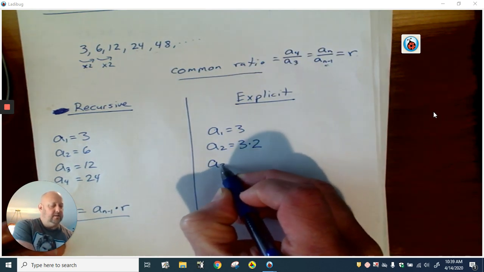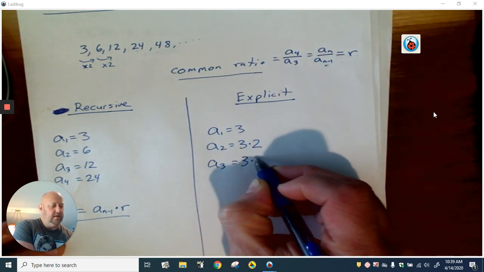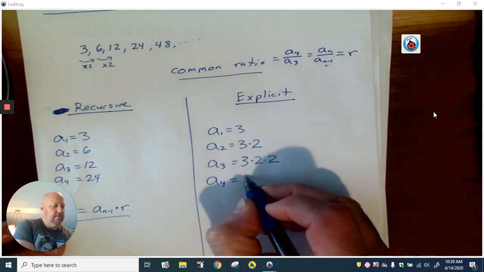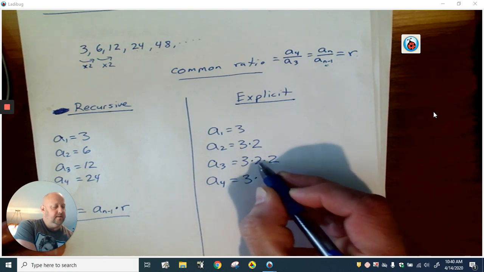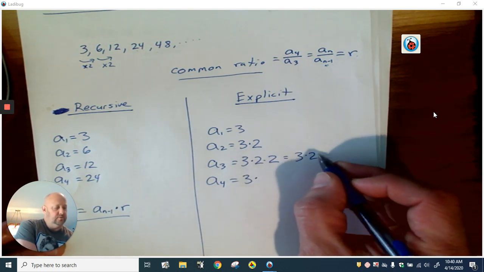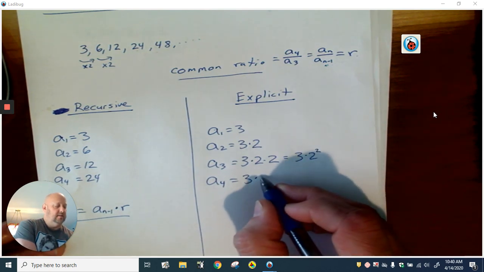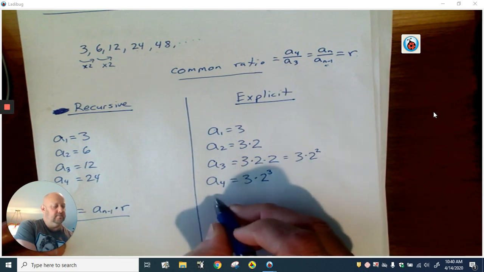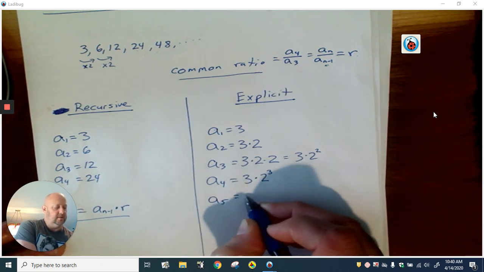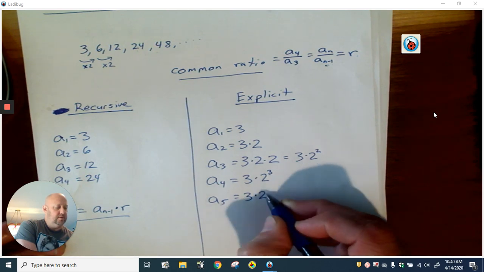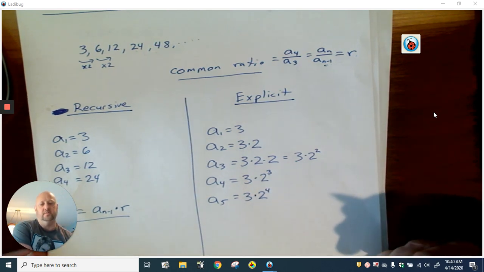We got a sub 3 by doing 3 times 2 times 2, and a sub 4 by doing the same thing. You could think of this as 3 times 2 squared, where we're multiplying by 2 three times, and so on. The 5th term, we would multiply by 2 to the 4th power, and so on.